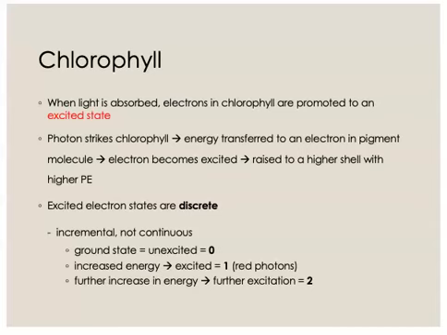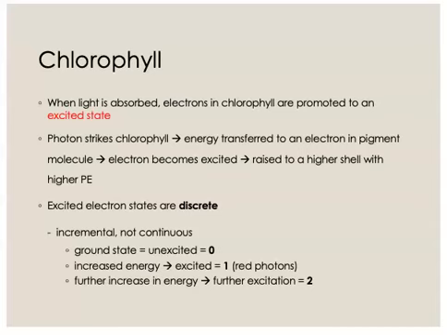Now, an important thing to remember about these states of excitation for electrons is that they're discrete. In other words, there's a ground state, then there's a state of higher excitation, higher energy, that we refer to as level 1, and then you can advance beyond that to the next discrete level of excitation, level 2. But you can't go in between those discrete levels.